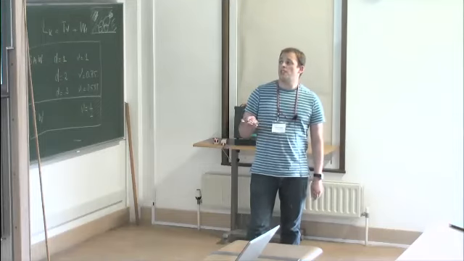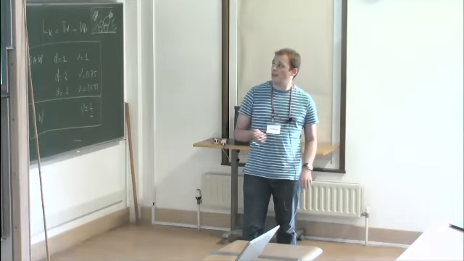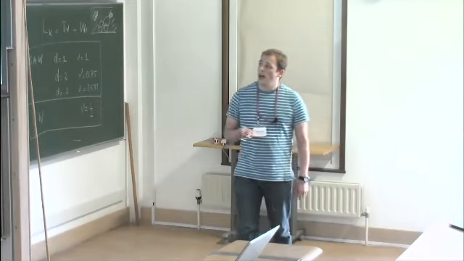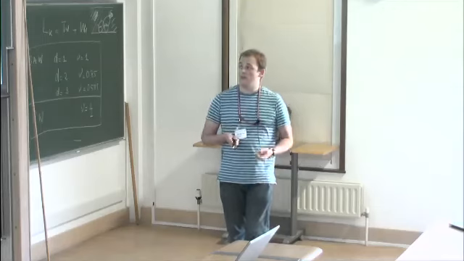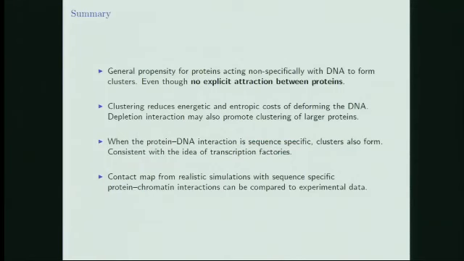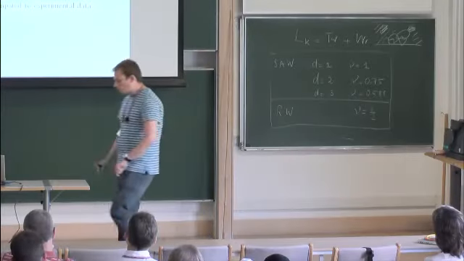Even if we make the protein-DNA interaction sequence-specific, clusters also form, and that's consistent with this idea of transcription factories. And finally, we can look at a contact map from these simulations and compare them with experimental data, and we want to do some more of that in the future.